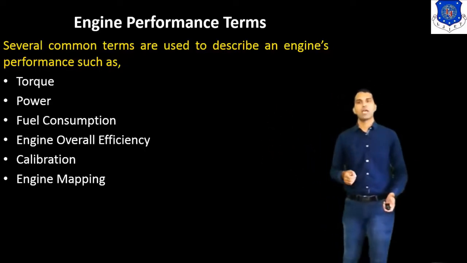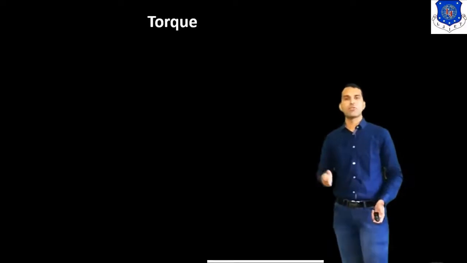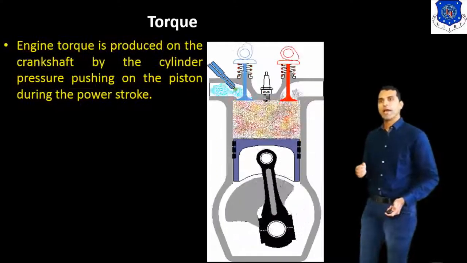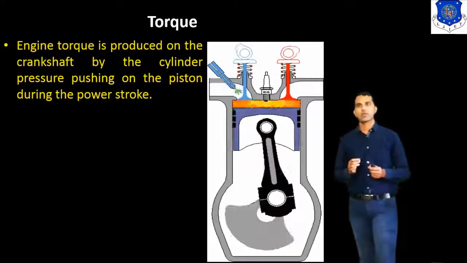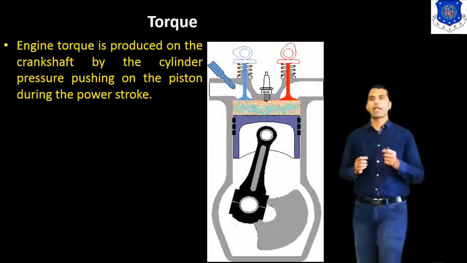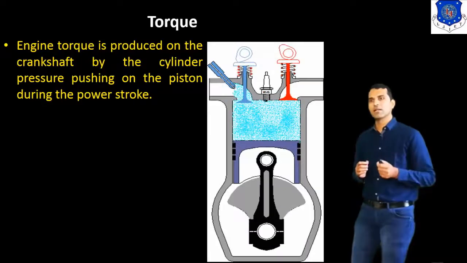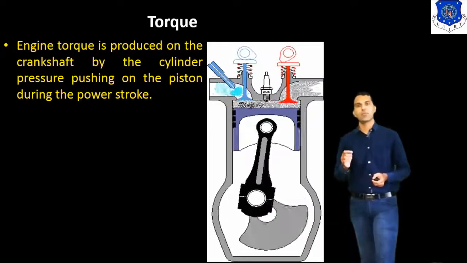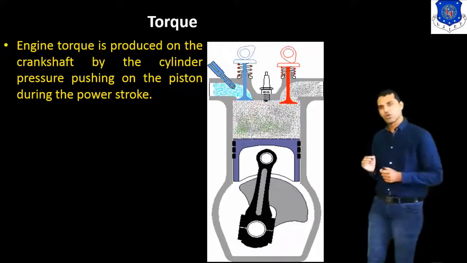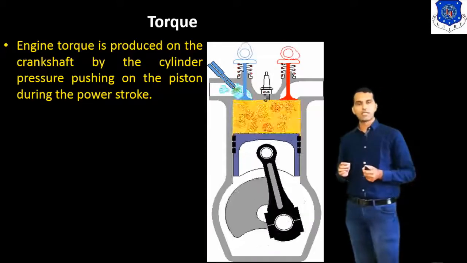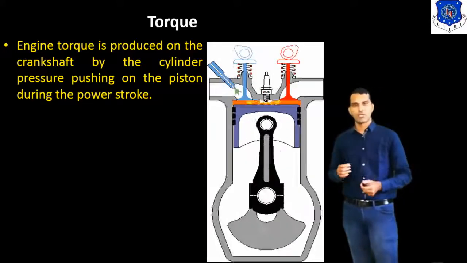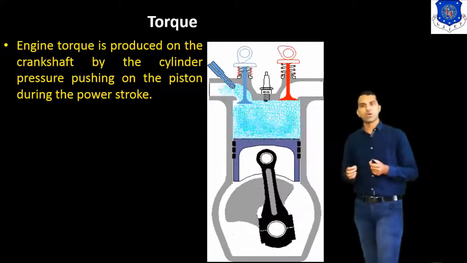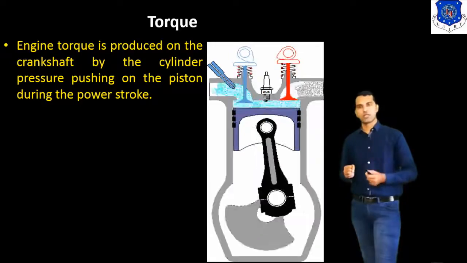So now we discuss this. First, we discuss the torque. Engine torque is produced on the crankshaft by cylinder pressure pushing on the piston during the power stroke. We have already discussed in the last lecture the operation of the power stroke, and in the power stroke we know that high energy is generated.